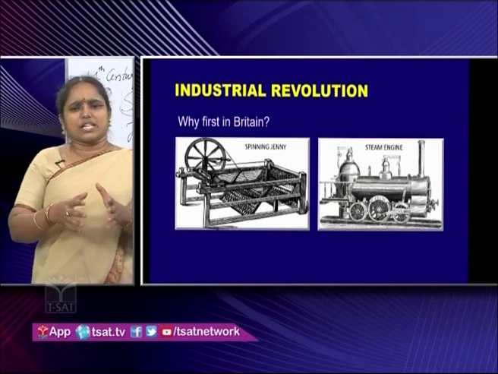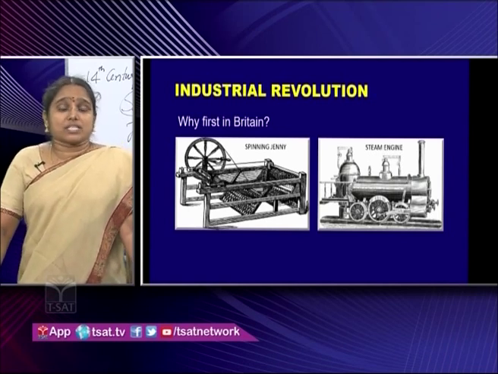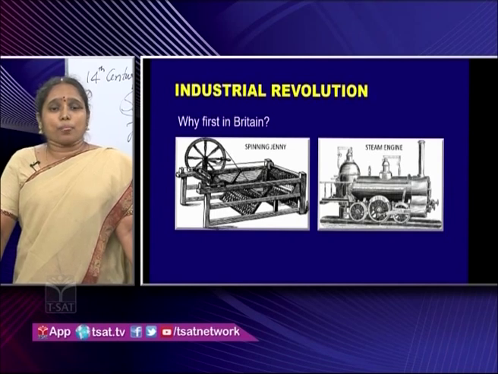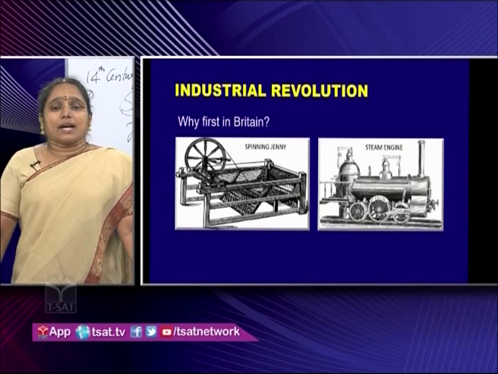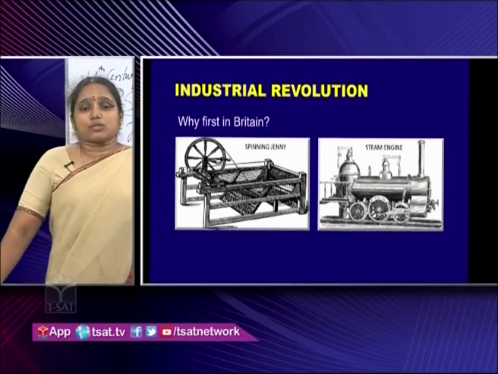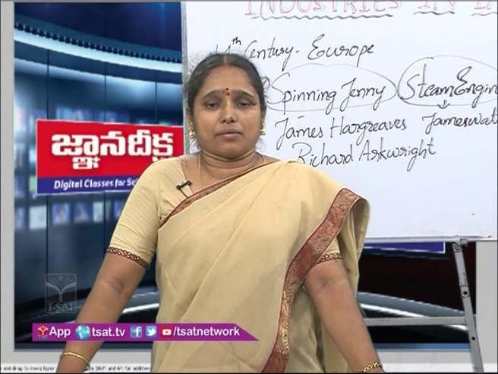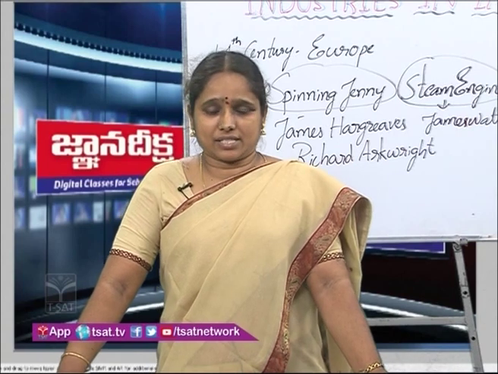There were many crises, but politically there were no crises at all in Britain, and it was a convenient place for industries to develop. And their naval base was also quite good. They were supreme in their naval power. So these are some of the reasons why Britain led industrialization.